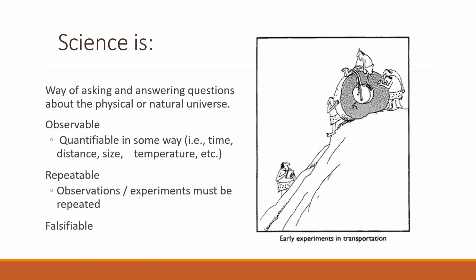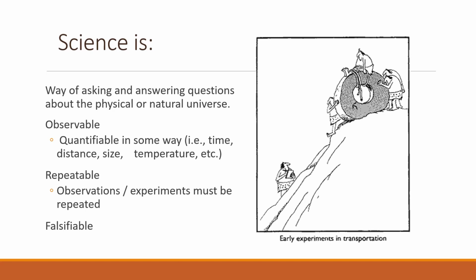So we are asking and answering questions about our physical or natural universe. So it has to be observable, so we can quantify it in some way. So time, distance, temperature, something. We have numbers. It has to be repeatable. So we have to be able to redo the same thing multiple times, and other people have to be able to redo it and get the same or similar results.